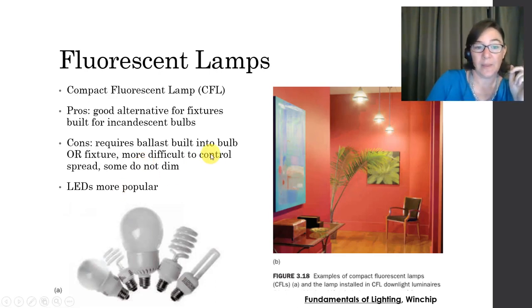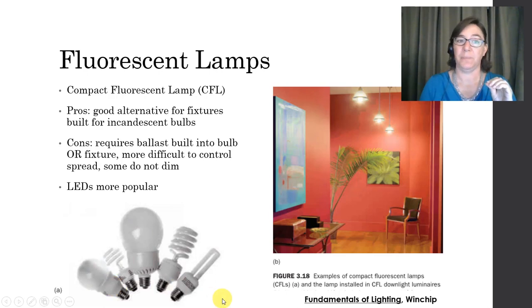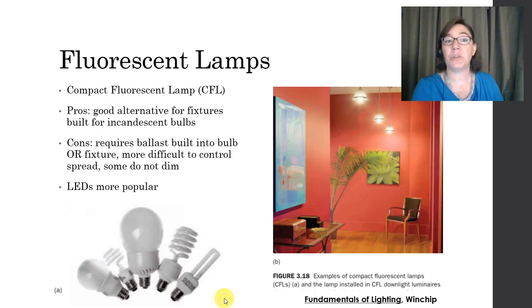You can see in this example down here these bulky bases at the bottom of these bulbs? That's the ballast piece. Fluorescent lamps are more difficult to control than incandescents, and some of them don't dim. Although compact fluorescents are a good choice for swapping out with existing fixtures, LEDs are far more popular, especially for new fixtures. So let's talk about them next.